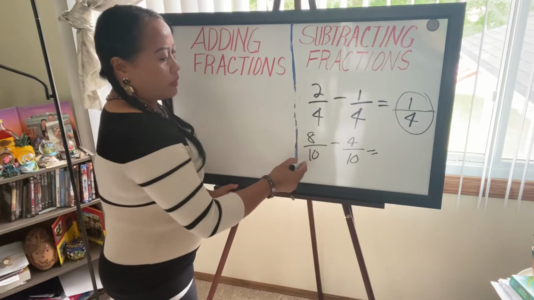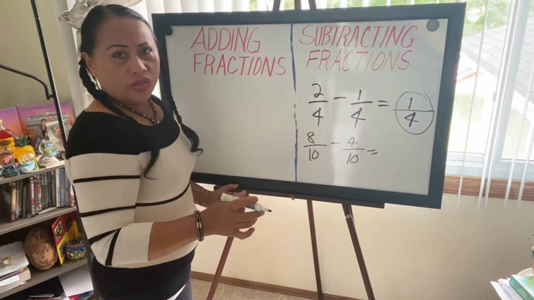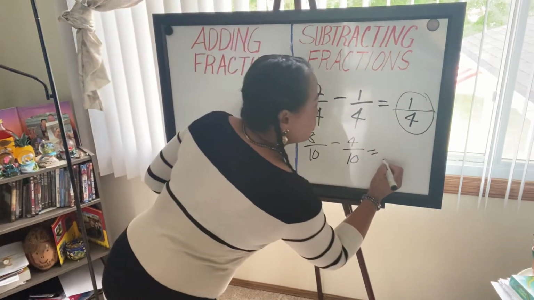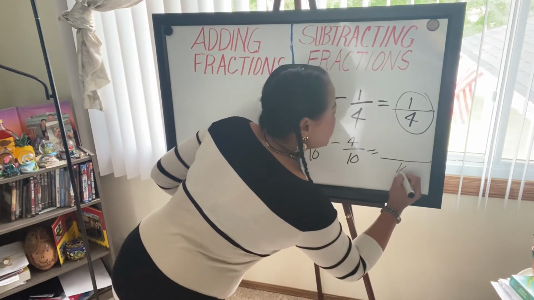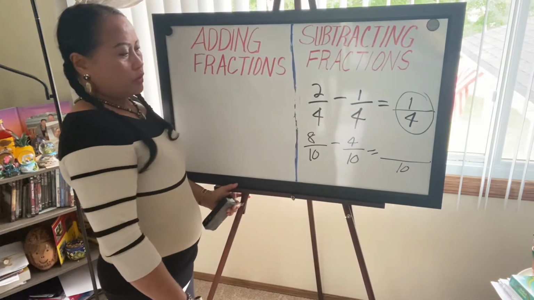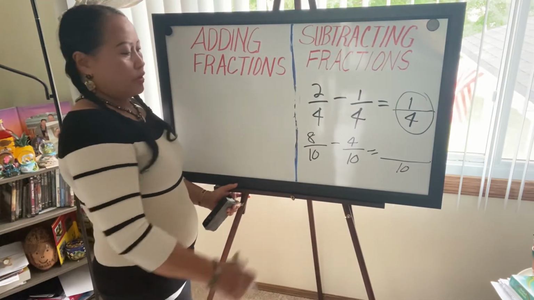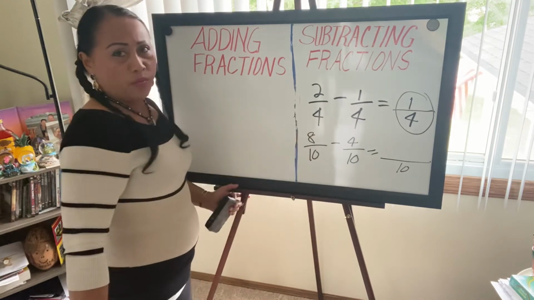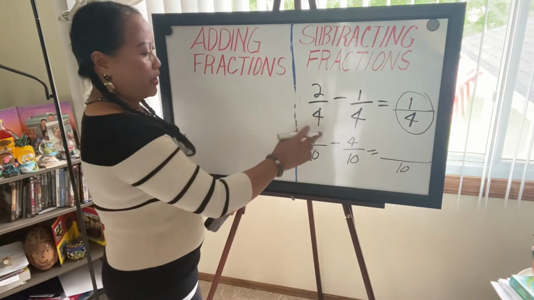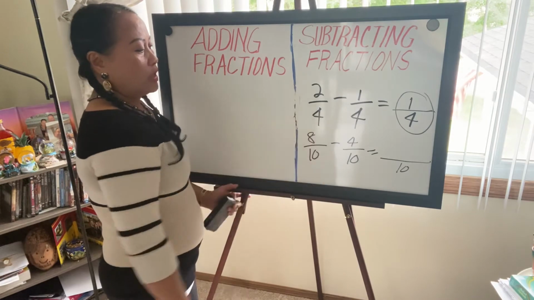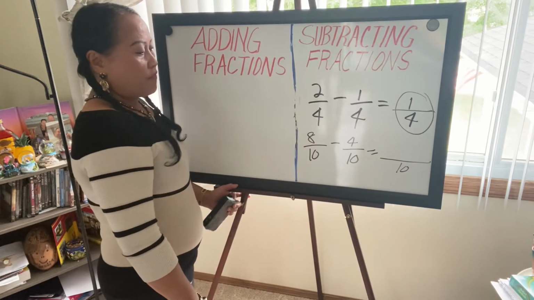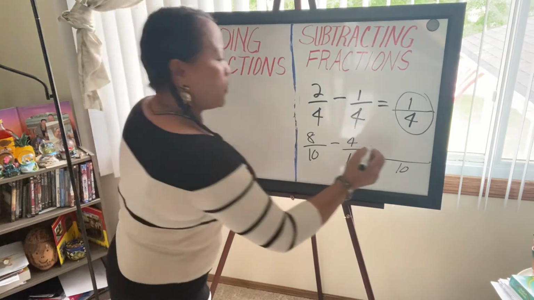So, bring down or just copy the common denominator here. And then you can simply subtract the numerators. 8 minus 4 equals 4.